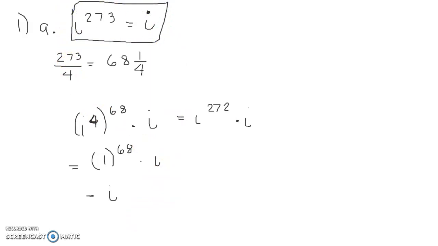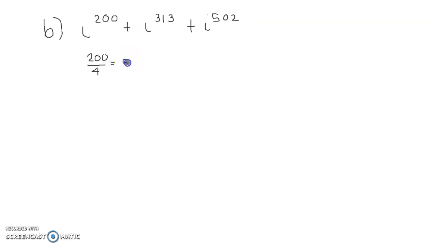So example 1b. This time we will solve i raised to 200 plus i raised to 313 plus i raised to 502. If we divide 200 by 4, we know that this is exactly equivalent to 50. So that is also equivalent to i raised to 4 raised to 50, since i raised to 4 raised to 50 is equivalent to i raised to 200.